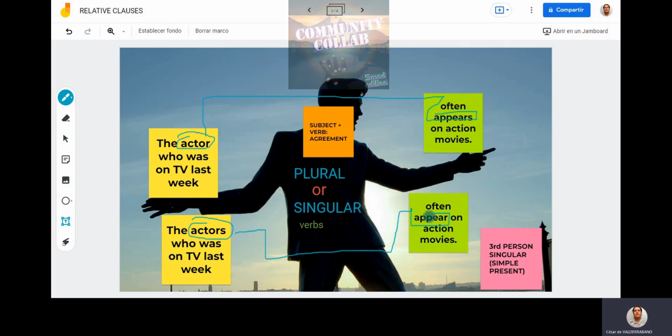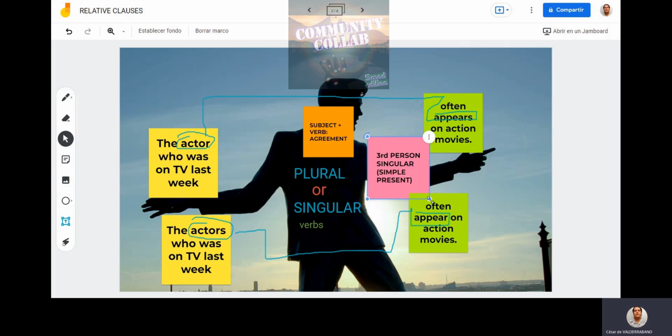Okay, this is what some books call plural or singular verbs. So don't get it confused. The singular verbs, just to sum up this information, is nothing but referring to the third person singular simple present rule, as you can see here.